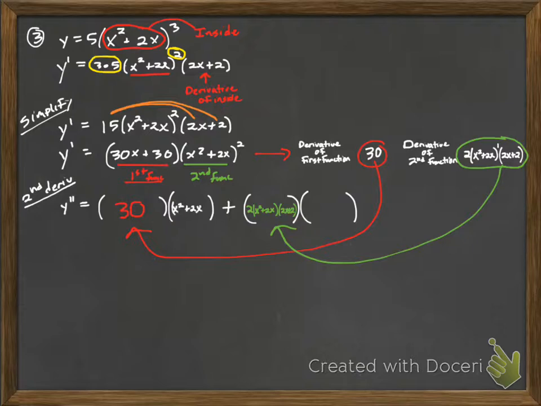Then the other 2 pieces are just the other function untouched. So good old product rule is derivative of the first, that's the 30 you see there in red, times the second unchanged, plus the derivative of the second, that's the green function you see there, times the first unchanged. That's your product rule. It so happens when you're taking the derivative of the second, it was a chain rule. Sometimes the second function requires a quotient rule.